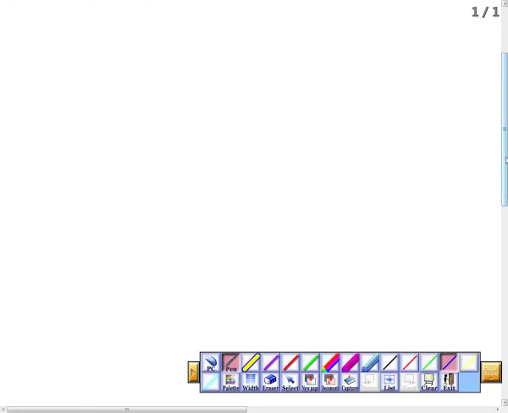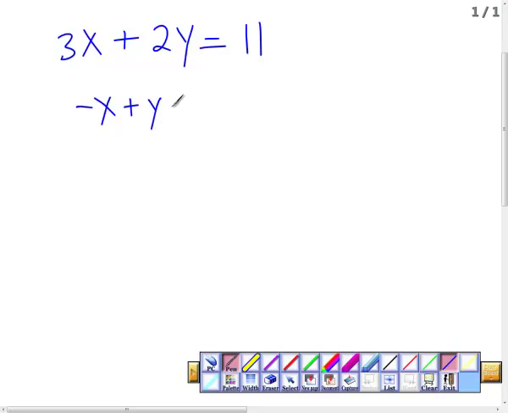All right, so we have here 3x plus 2y equals 11, and you've got negative x plus y equals 3. And you want to solve by the substitution method.